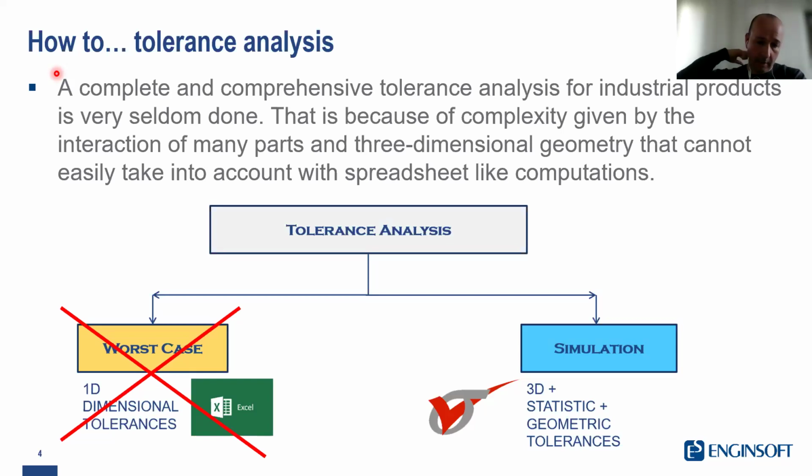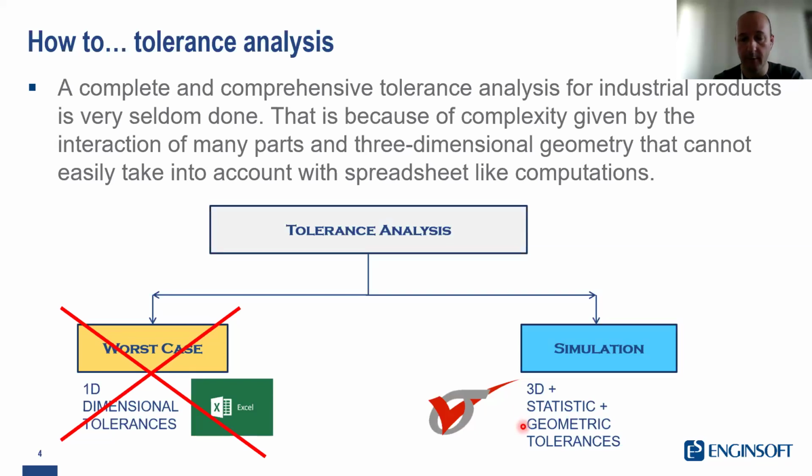So in this case, if we want to obtain reliable results, we need to perform the simulation about the tolerance chain, the simulation using a three-dimensional model with statistical variables and with the usage of geometric tolerances.